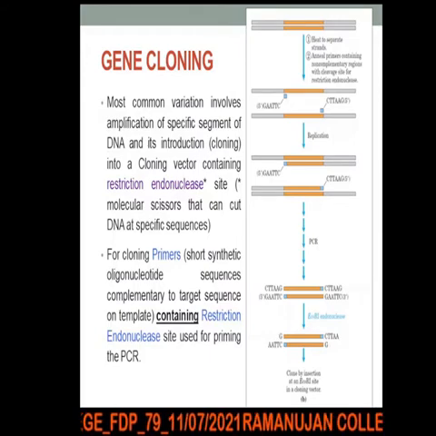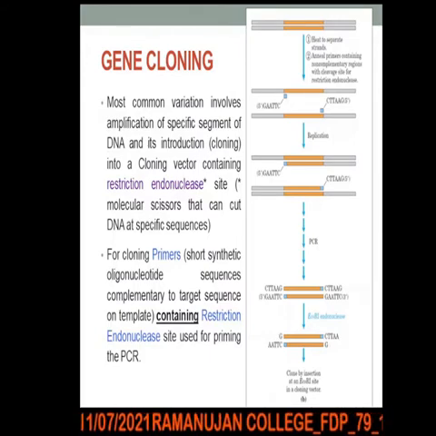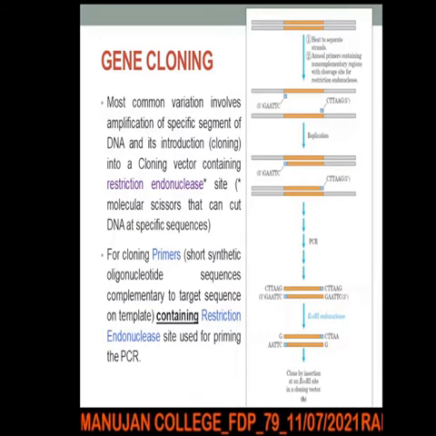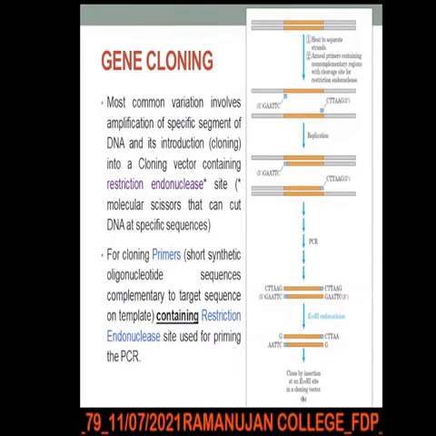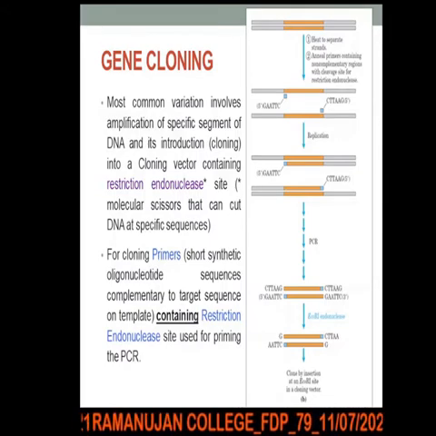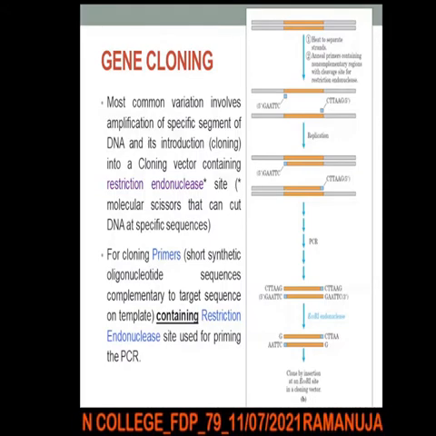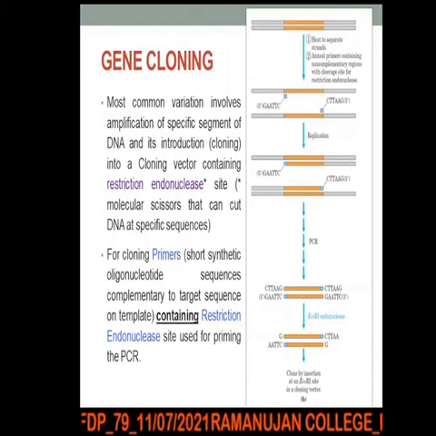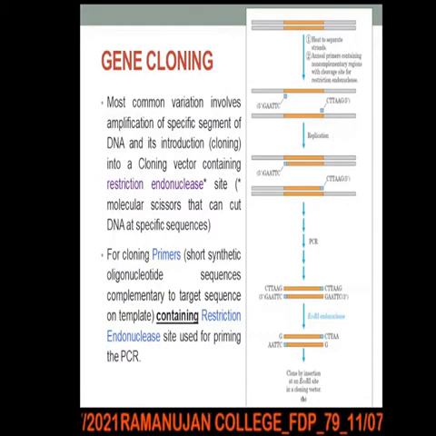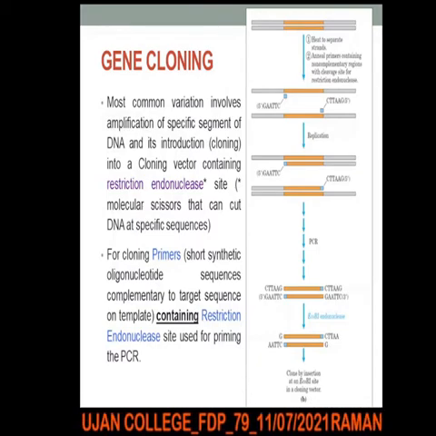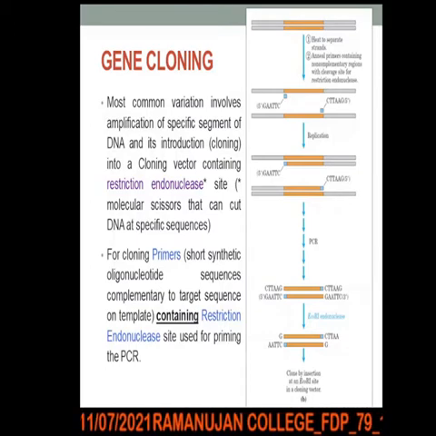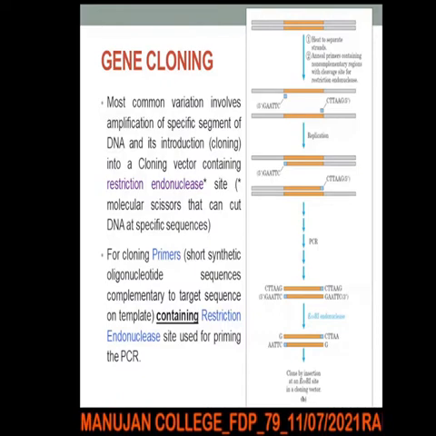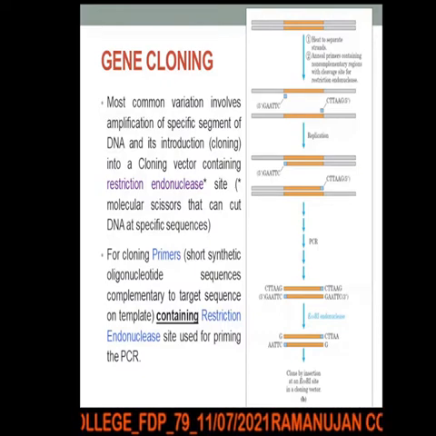Whatever has been amplified is now going to have an EcoR1 site at its ends. So when you add this EcoR1 endonuclease, it is going to cut the DNA at specific sites that have the EcoR1 site, and they are going to generate ends which are usually referred to as staggered ends, as you see here.